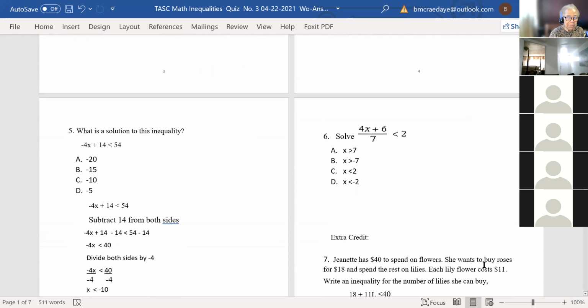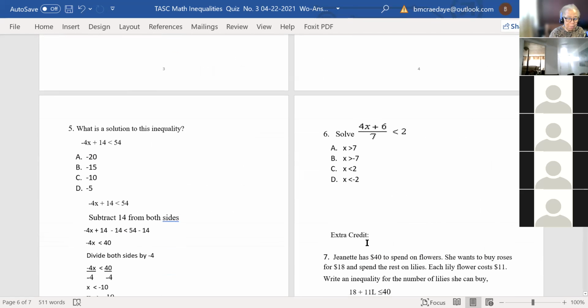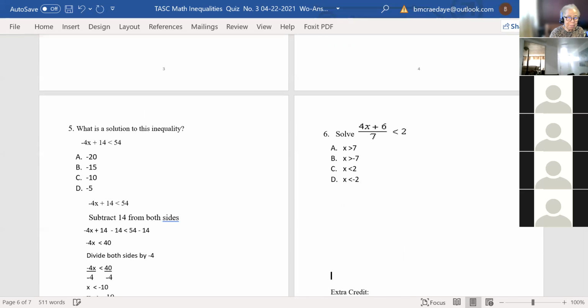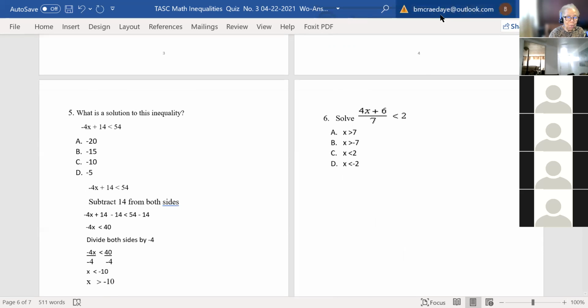Okay, here's number 6. Remember, when you're doing a division, the opposite is multiplication. So how would you solve this one, Vanessa? What would you do? Let's copy this if I can.